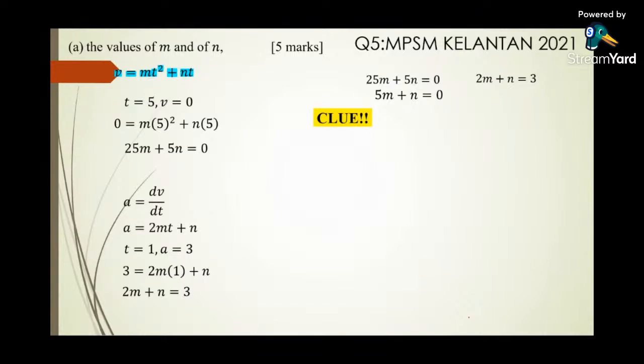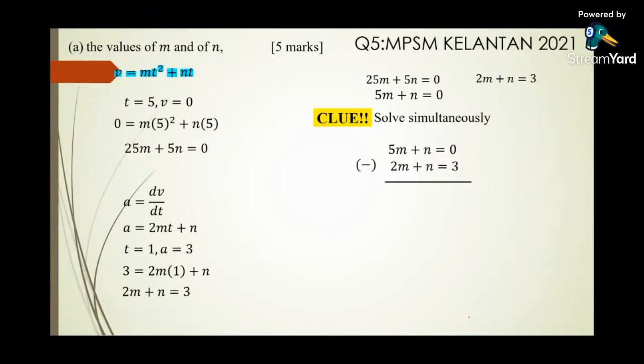Ini I think lower syllabus ni, lower form punya syllabus. Kita solve simultaneously. Kalau lupa, ketuk kepala dulu, bagi ilmu tu keluar.